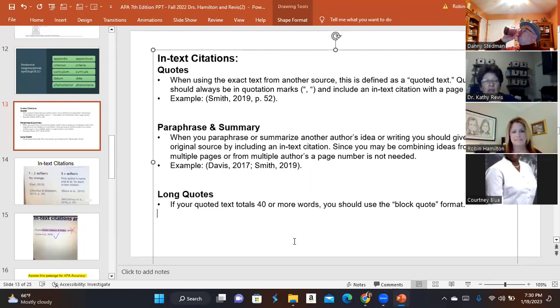Do you notice we do not put in authors' first names ever? Only their surname, their last name. And then if you have a long quote, which we discourage, you should use a block quote format where you're indenting the right and the left margin.